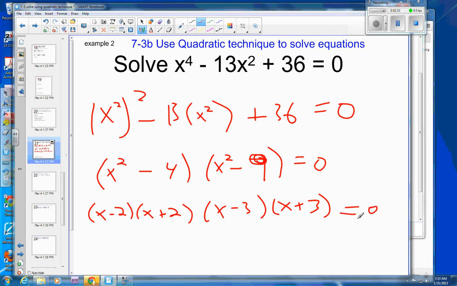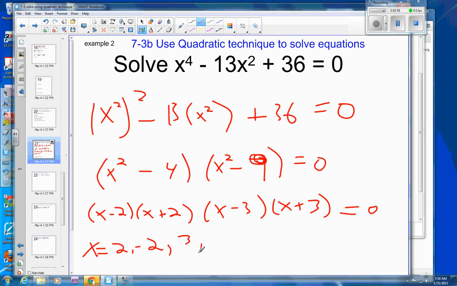So from there, we know that anytime you multiply things together, if you end up with 0, one of those has to be 0. And so we will set them each equal to 0. So this x here would be equal to positive 2. This x here would be equal to negative 2. This x here would make a positive 3.